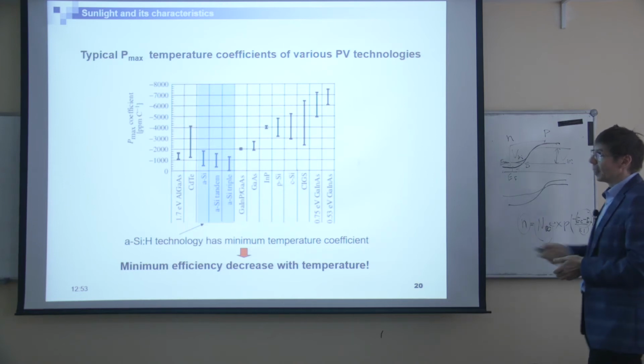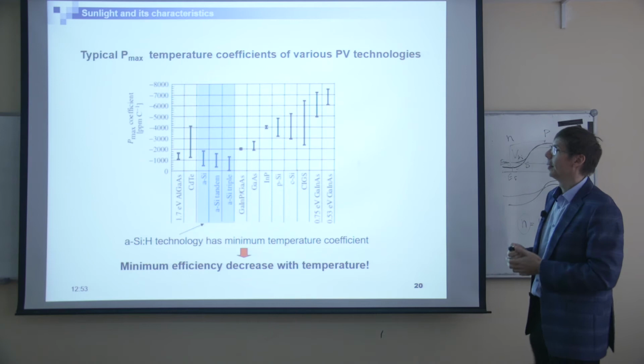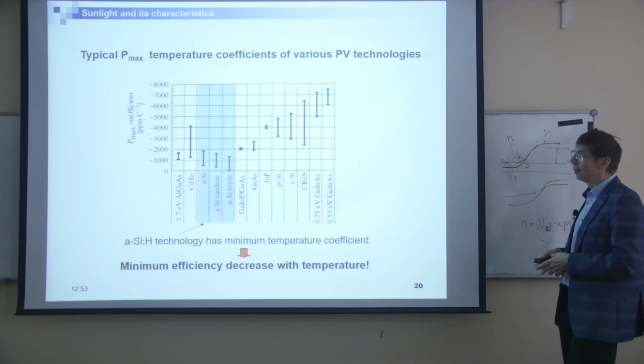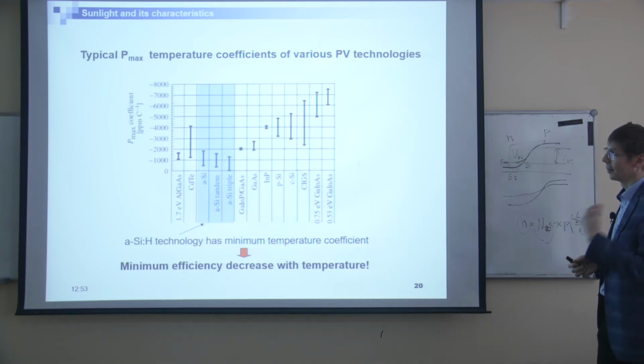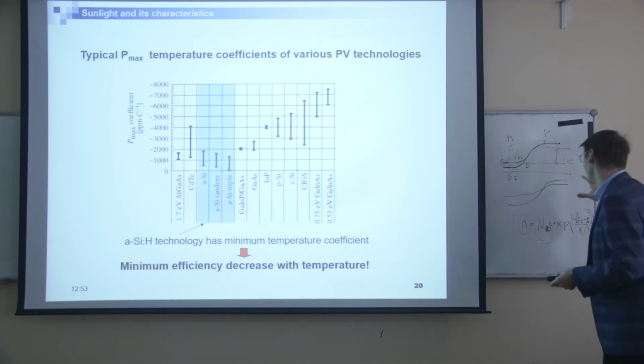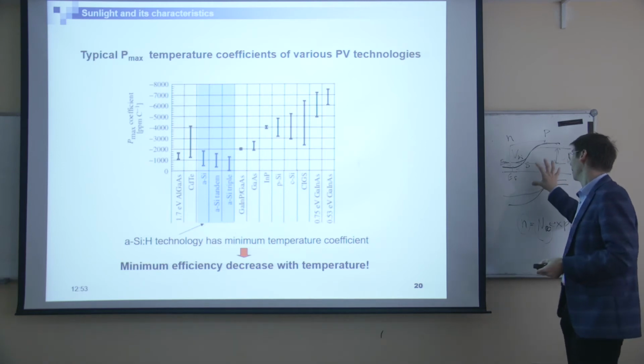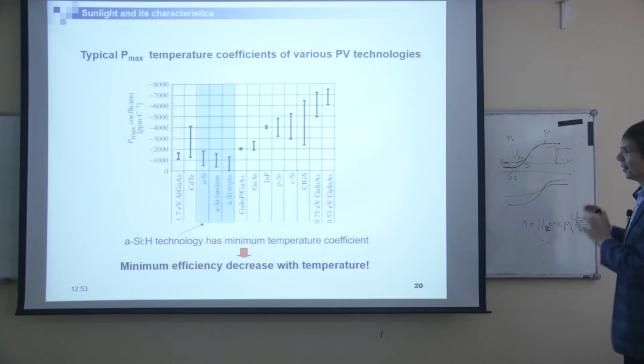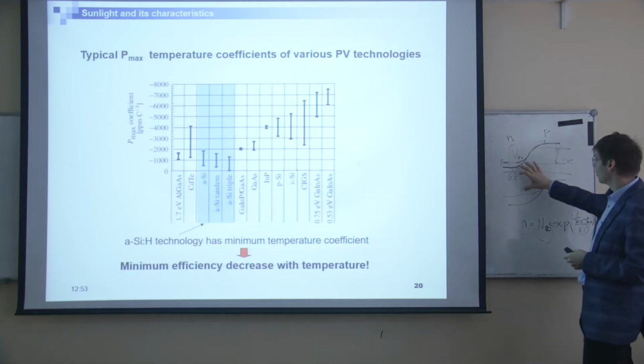Another thing is amorphous hydrogenated silicon. It has low temperature dependence because VOC decreases only slightly. For amorphous hydrogenated silicon, we have the so-called pinning of the Fermi level.